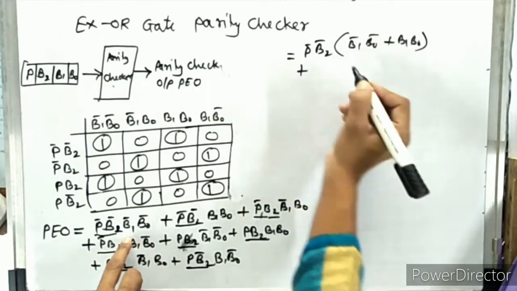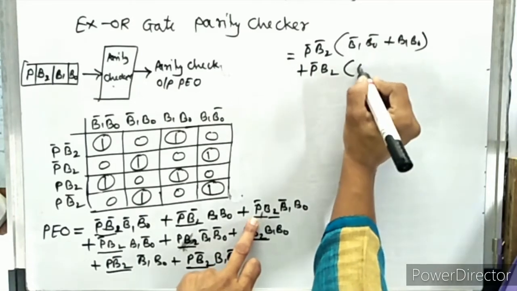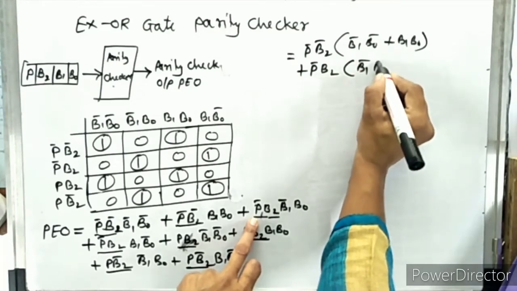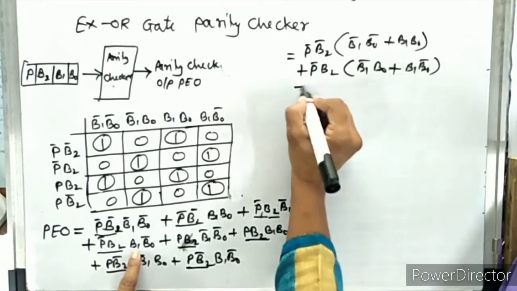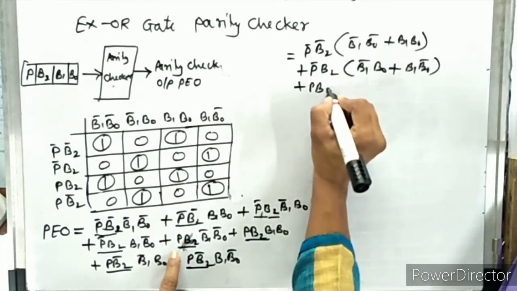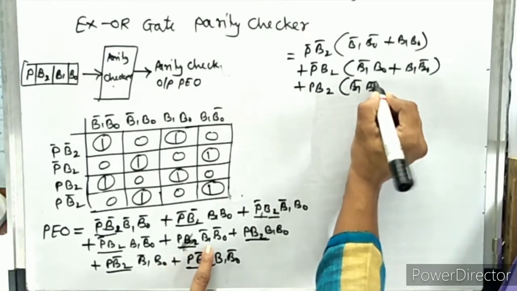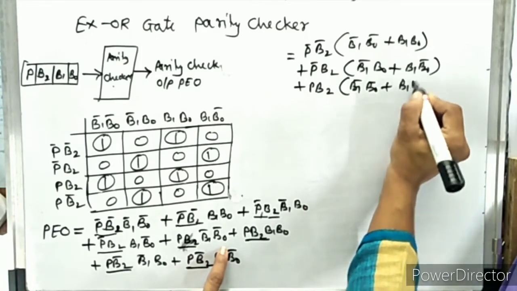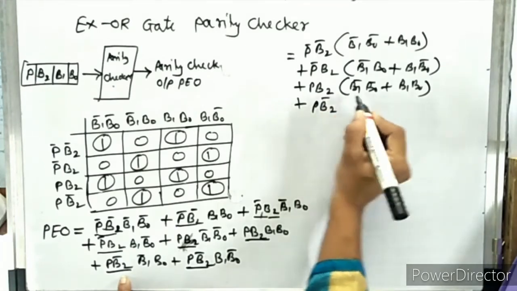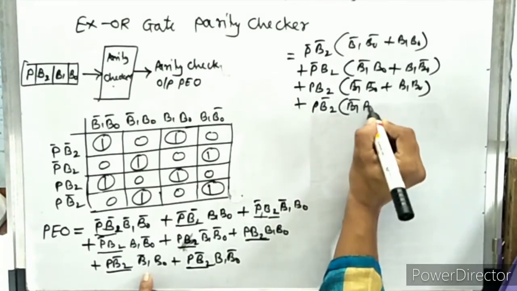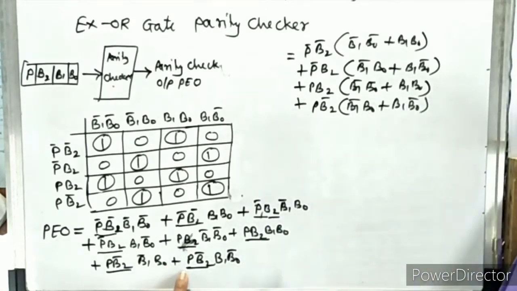Then from this we can take common P bar B2, B1 bar B0 plus B1 B0 bar. From the third pair we can take common P B2, so we get B1 bar B0 bar plus B1 B0, plus from this we get P B2 bar common. So we get B1 bar B0 plus B1 B0 bar.